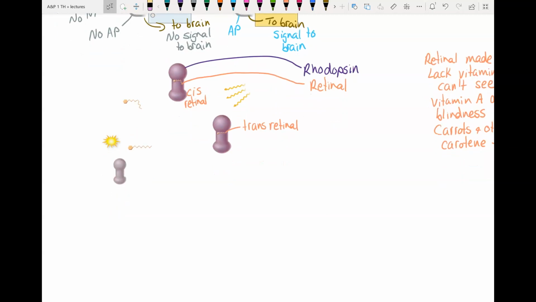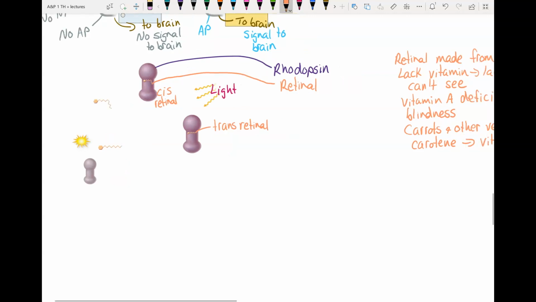When light hits your eyes, it changes the retinol. It goes from cis to trans. So this is the light rays. These lines represent light. So when light hits your eyes, it causes the cis retinol to change to trans retinol.